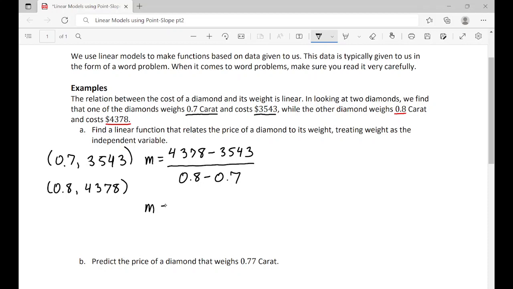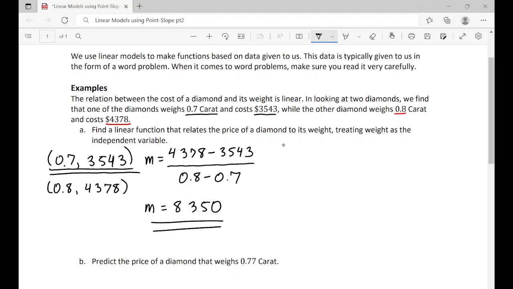And so when we do all that, we're going to get a slope of 8,350. So now we have our slope, and we need a point. And again, I'd rather choose something smaller and easier. So I'm going to choose 0.7 and 3,543.